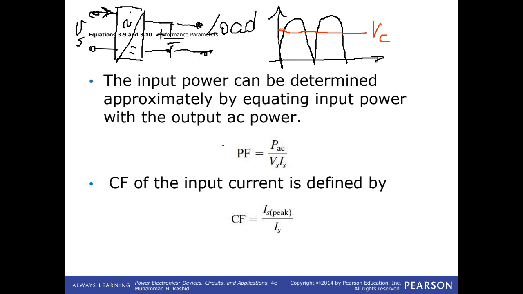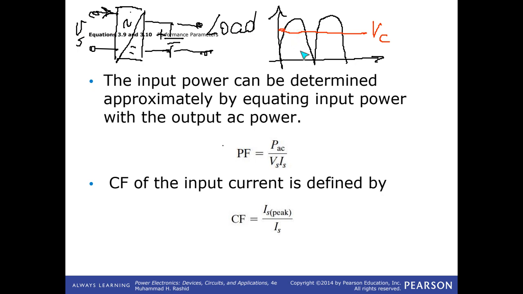The current is going to flow in this part. This one is equal to Vm sine omega t, but that one is Vc, and Vc at this point, for example, is higher than the instantaneous voltage, which is rising here.